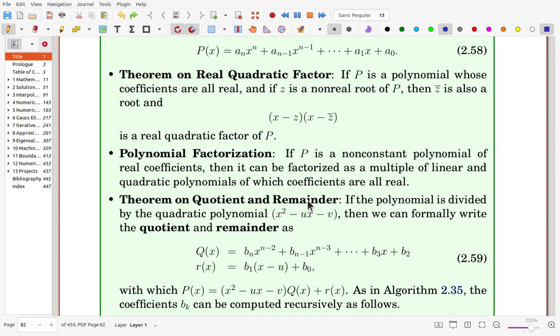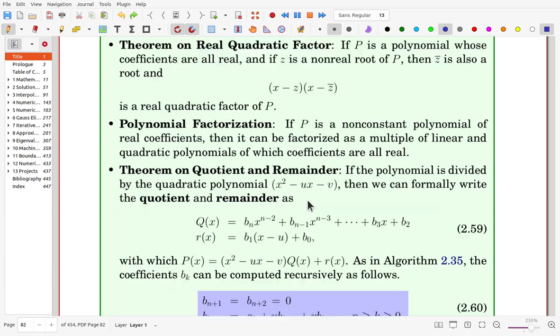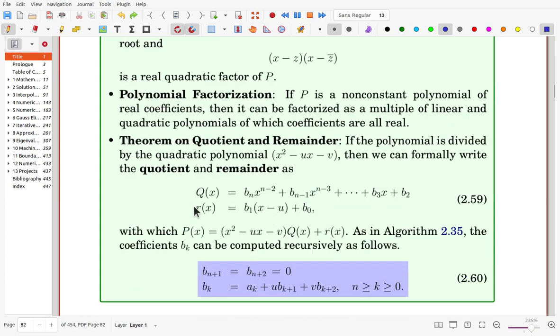Now here we start on how to find quadratic factors. We will try to find quadratic factors of the form x squared minus ux minus v. Once the given polynomial of degree n is divided by the factor, a quotient and remainder come out.